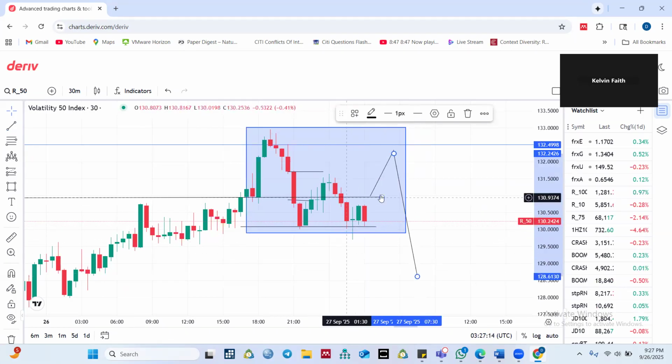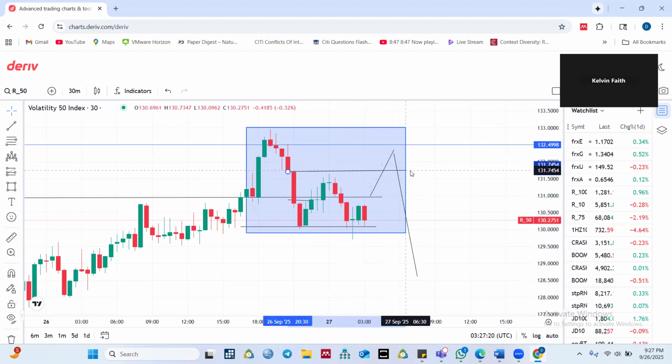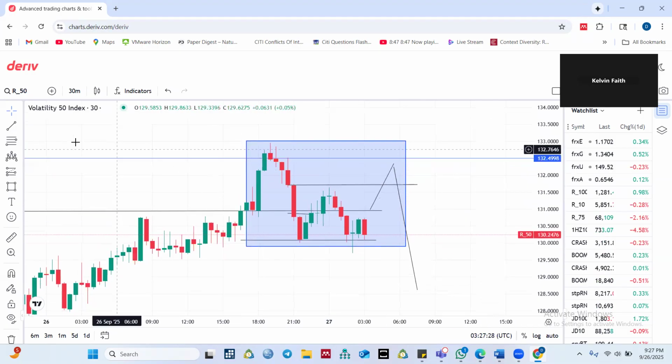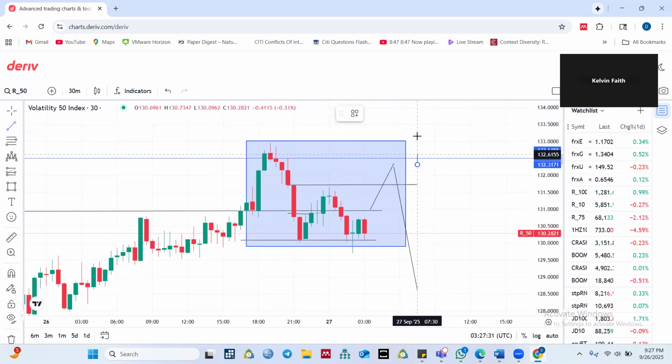So we have to bear in mind that if we are taking an entry from here, price is likely to pull back into this zone and then sell. But our stop loss is if price closes body above here, we are done.